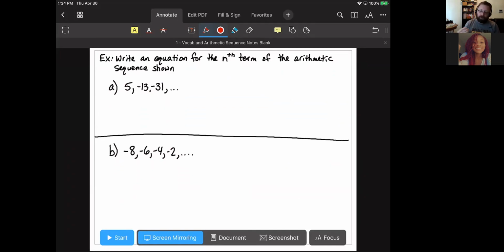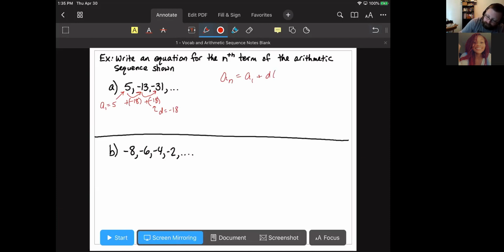Okay? So we go in here and we say, all right, on this first one here, the first term is 5, and I am subtracting 18 each time, which means the common difference is -18. So my equation is still based on the same, oops, that should be A sub 1.